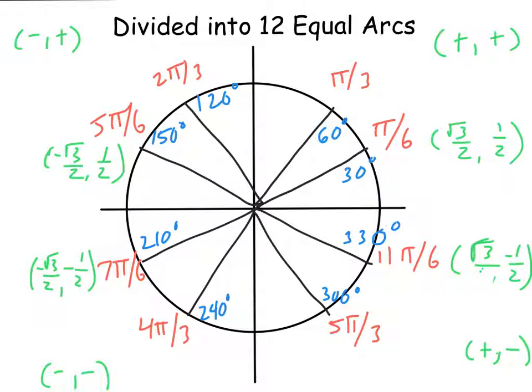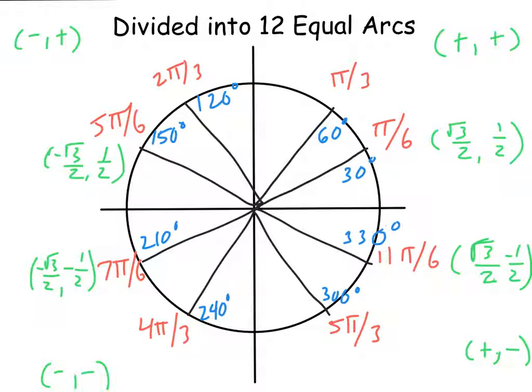Now you could certainly go back to the diagram and check if you wanted to, but what happens with 60 degrees is pretty straightforward. You might even recall it from seeing the unit circle in the past.